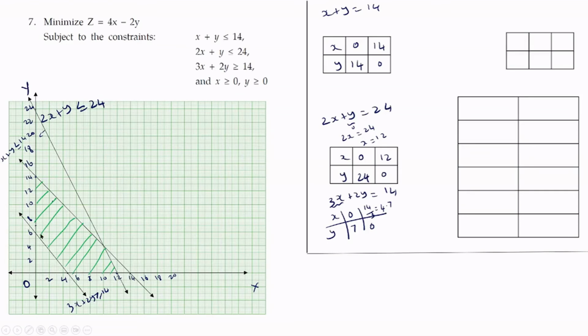Here we can see that the feasible region is bounded. So the maximum and the minimum value of z will occur at one of the corner points. Let us mark the corner points. So the corner points are A, B, C, D and E.